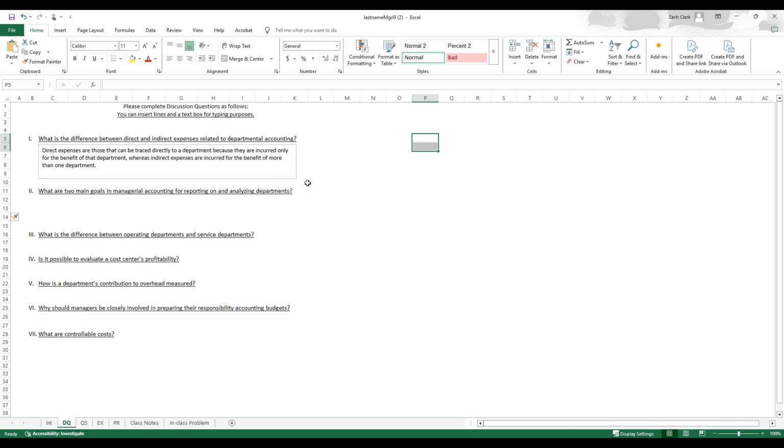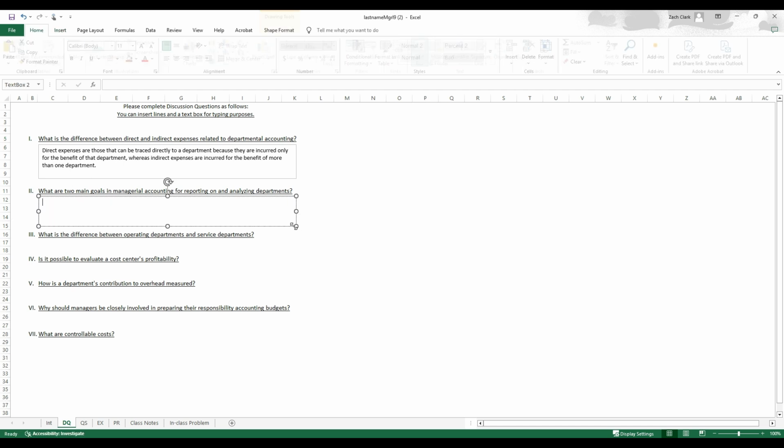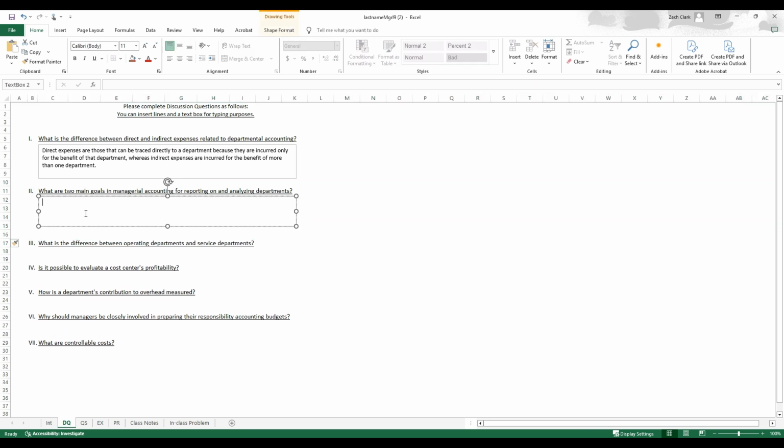And so those would be more indirect in nature. And then you might have a supervisor that's for that specific department. So that supervisor might supervise multiple employees and maybe do different tasks, but all of the efforts from that supervisor go towards that specific department. So that would be more of a direct expense.